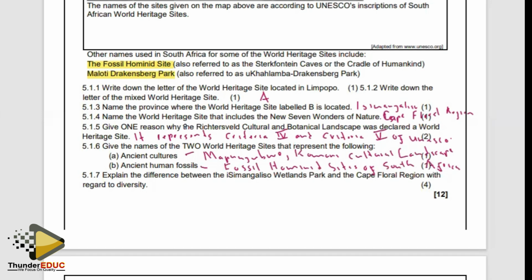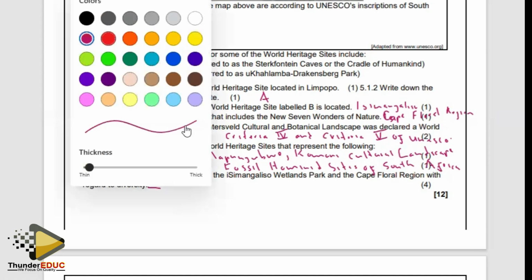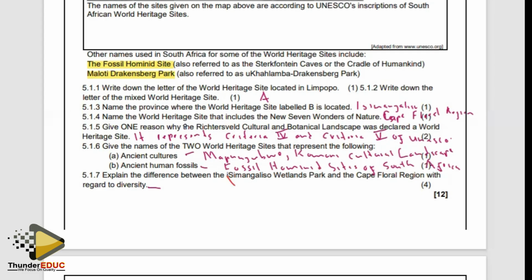The difference between iSimangaliso and the Cape Floral region: iSimangaliso is known for its biodiversity, it has a large diversity of fauna.